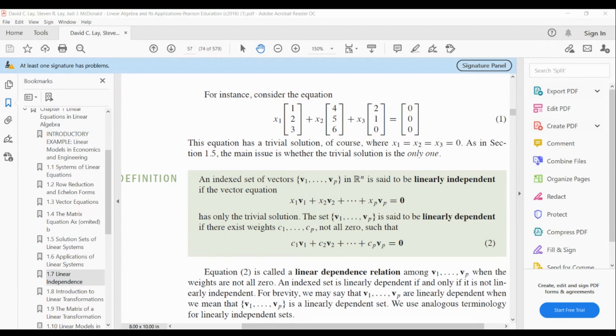So let's look at another example here. Moshe says there's only a trivial solution. Right, when you only have the trivial solution, that's when the set of vectors will be linearly independent.